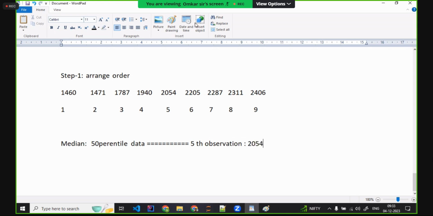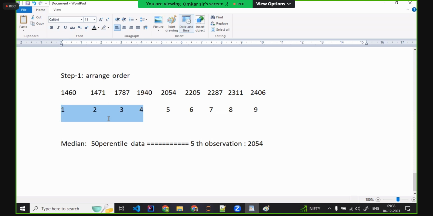Very good. Out of the 9 observations, 50% means half of the data. That means observations 1 to 4, half of the data, is less than the 2054 value. Agree with me, everyone?